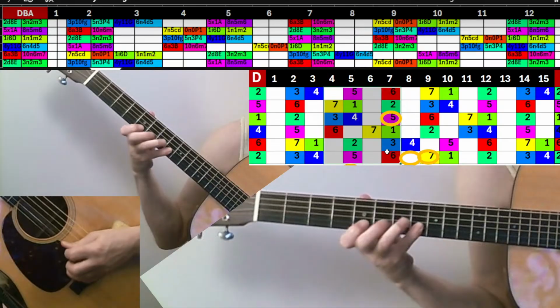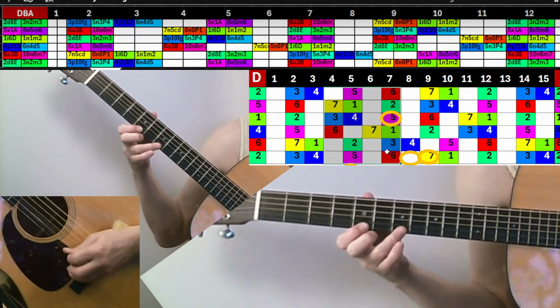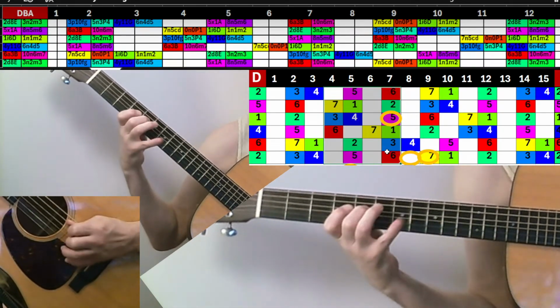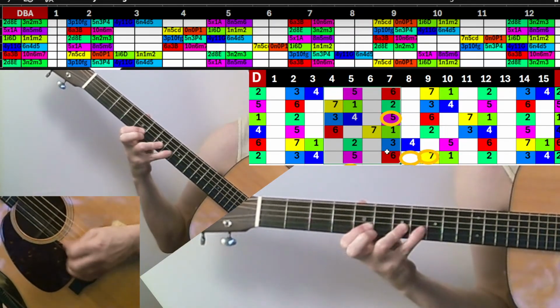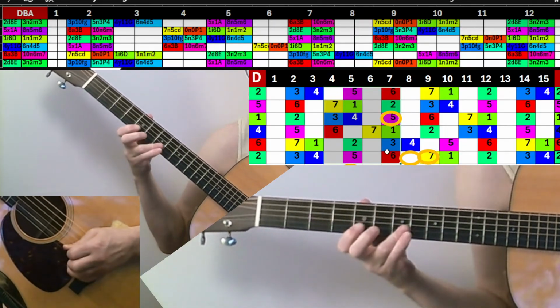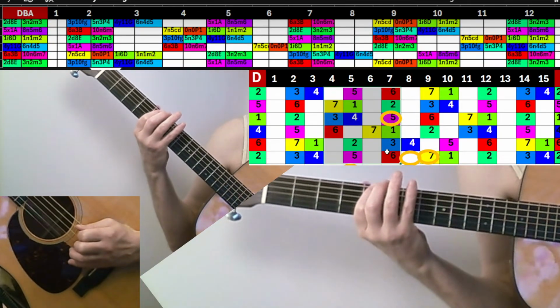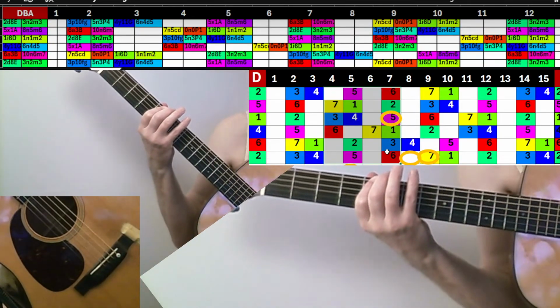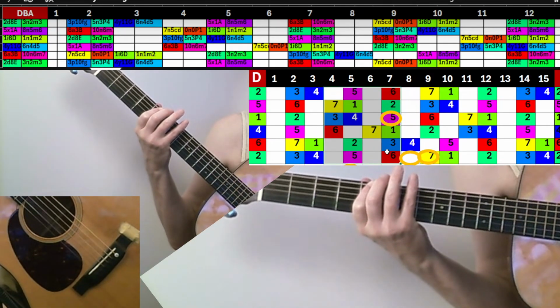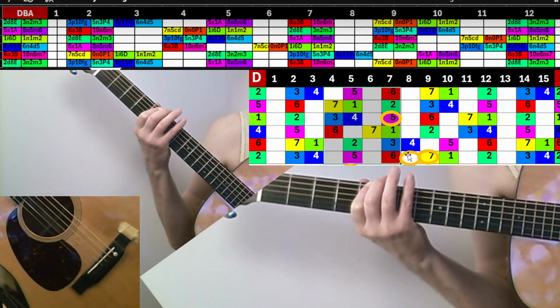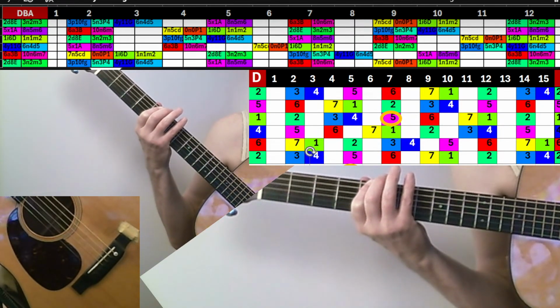Whoops. So I might finger that a little wonky compared to what other people might, but that's how I do it. I should probably be better at it, but that is what it is.